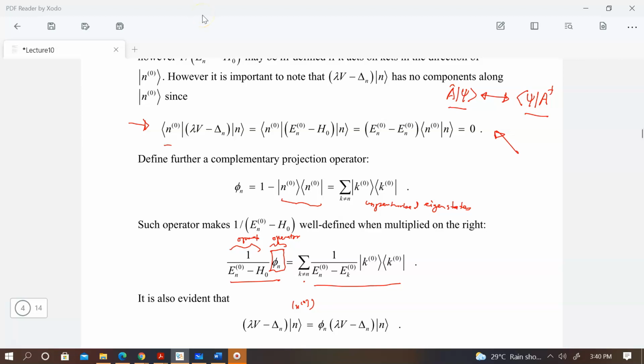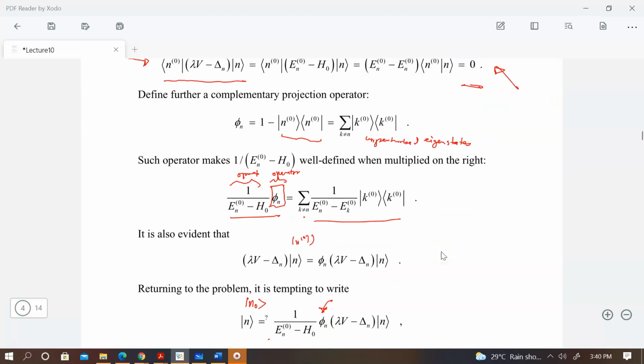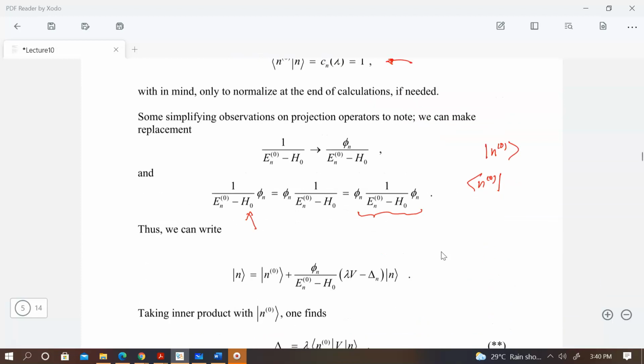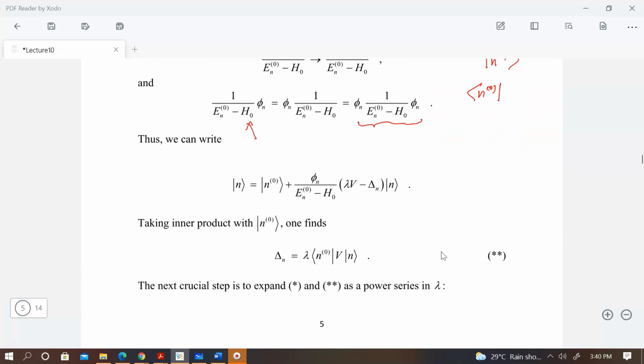Okay, so you have to remember that we have this to be equal to 0, right? So in other words, we can actually use that. Let me go down. You can use that. So in other words, you have n naught lambda v minus delta n equals 0.